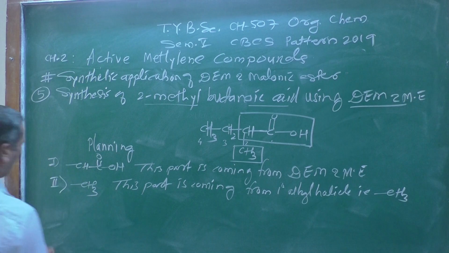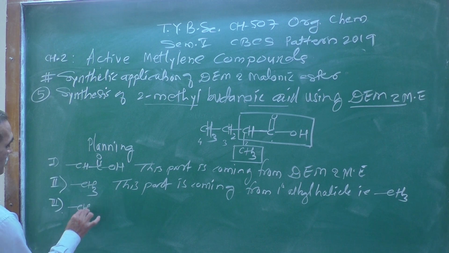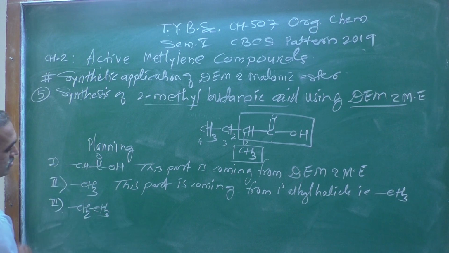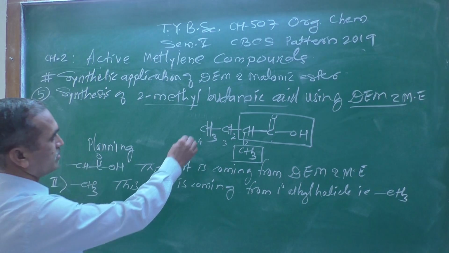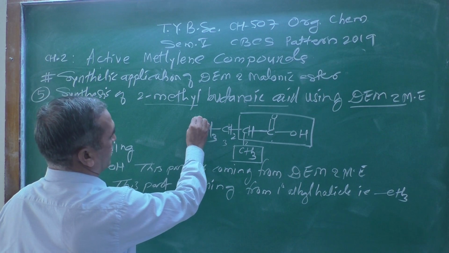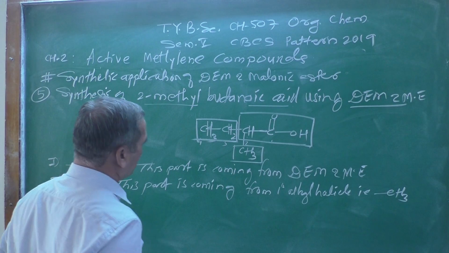Now the third point which I am making over here, this one: CH2, CH3. Look, this is an ethyl group, and I am once again highlighting that part, showing it in a square bracket.